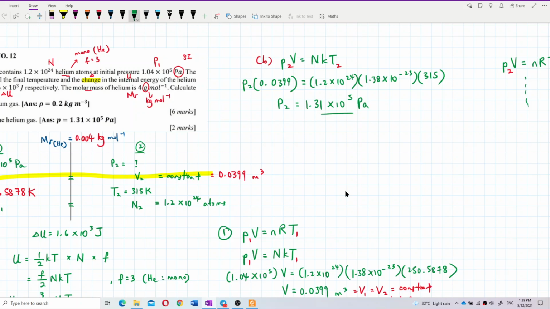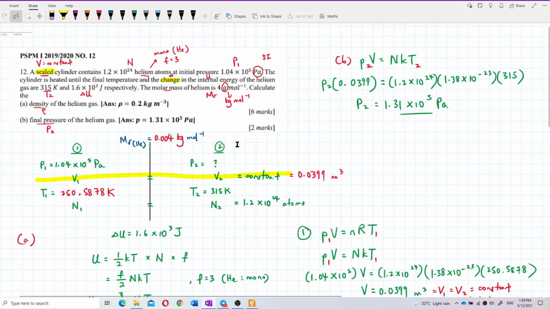Is that answer correct? Yeah, that's correct. Pressure 2 is 1.31 exponent 5 Pascal. So you can write down here, my pressure 2 I got 1.31 exponent 5 Pascal.